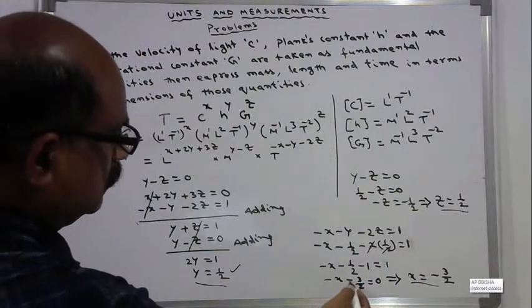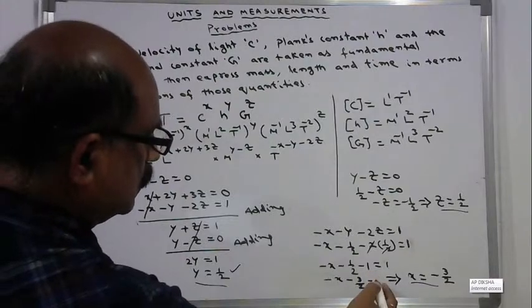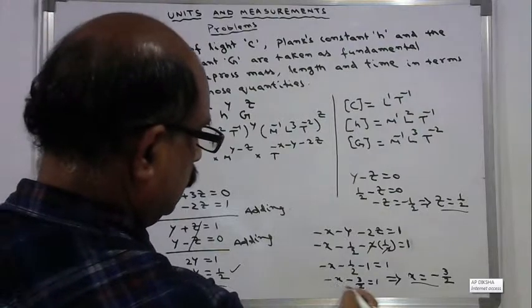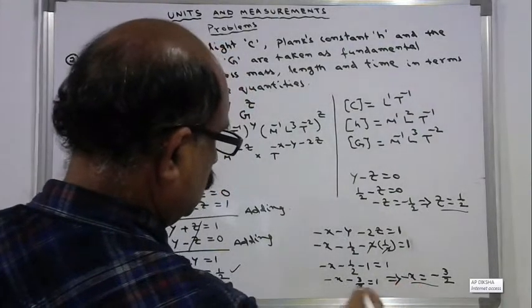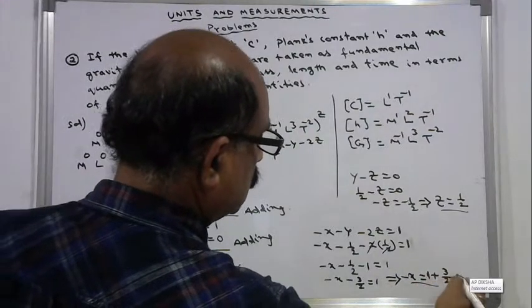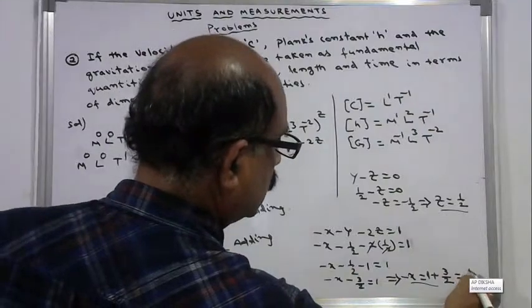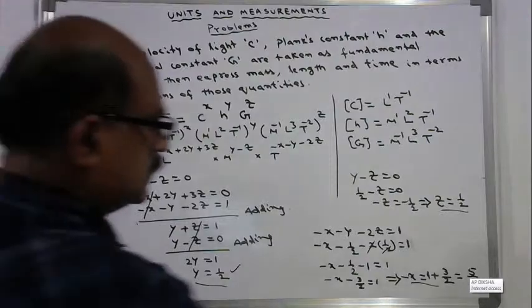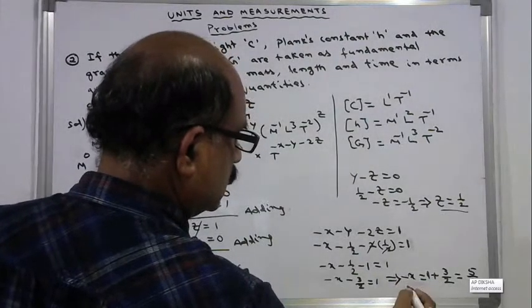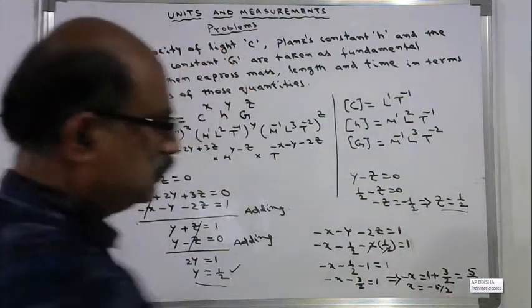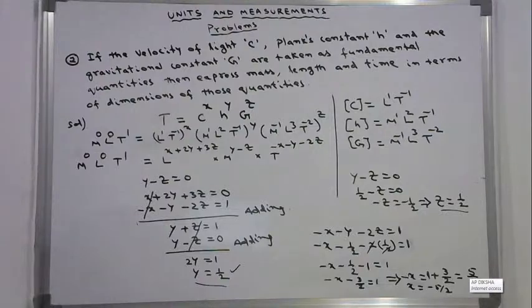So minus x minus 3 by 2 is equal to 1. So what happened now? Minus x equal to 1 plus 3 by 2. That is equal to 5 by 2. And now x equal to minus 5 by 2. That's the value we obtained here.